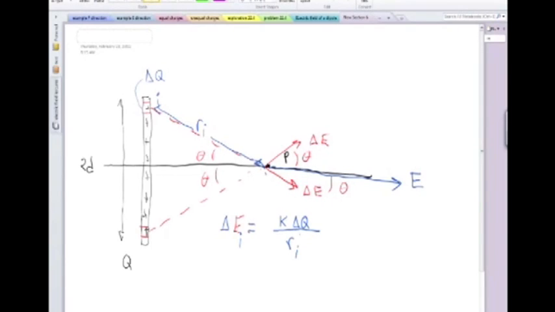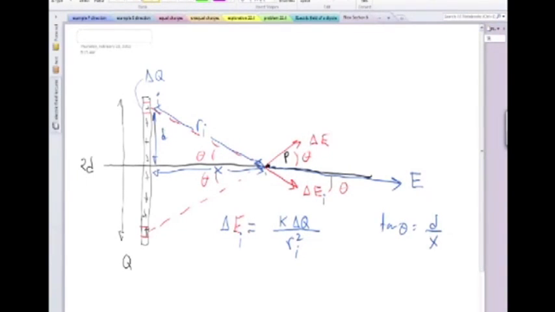So R sub i squared. That's how much this vector is. Let's call that delta E sub i down here. That's the magnitude. The direction will be given by that angle theta, which you can figure out from D. That's D, and this is x over here. Okay, so let's say tangent theta is D over x.